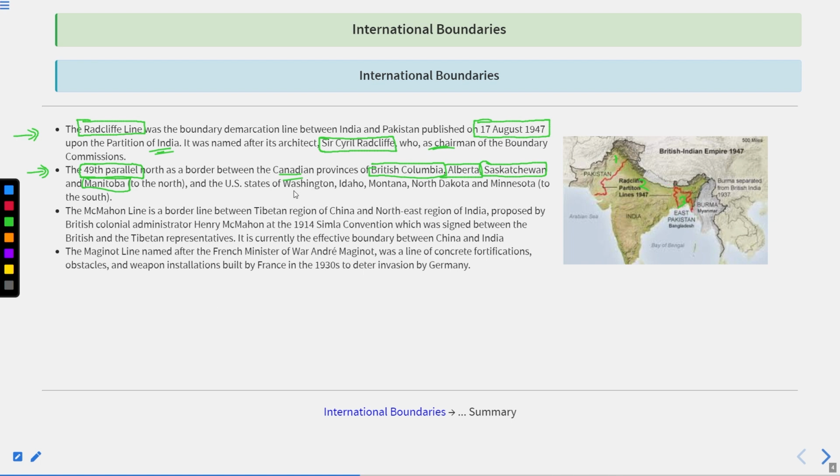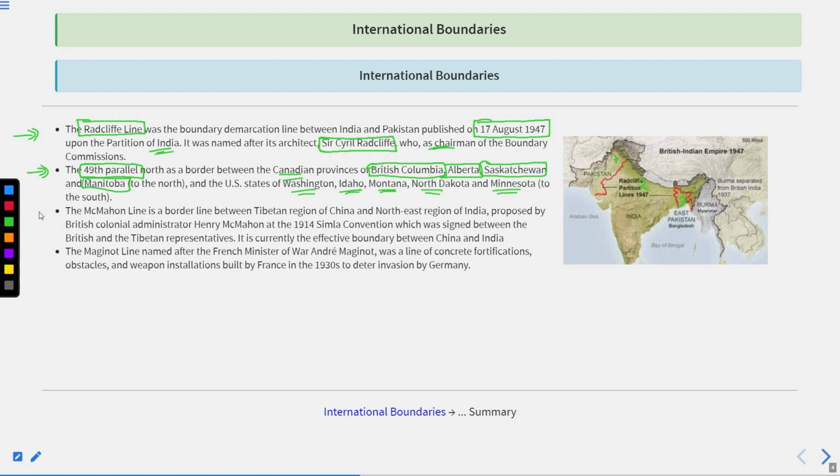In the south, it is the boundary of the US states of Washington, Idaho, Montana, North Dakota, and Minnesota. So the 49th parallel in the north has the Canadian boundary comprising the provinces of British Columbia, Alberta, Saskatchewan, and Manitoba. In the south, it has the states of the United States of America: Washington, Idaho, Montana, North Dakota, and Minnesota.